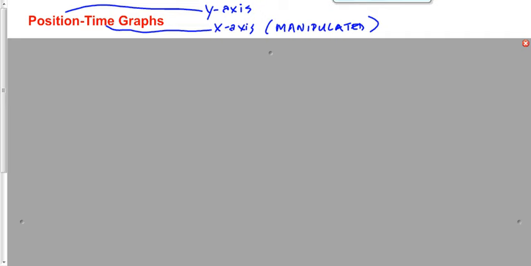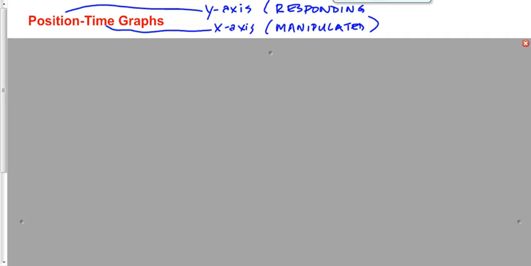The responding variable will always be on the y-axis and will therefore always come first in the title. So position versus time would be the same as saying y versus x, or responding versus manipulated variable. Make sense?